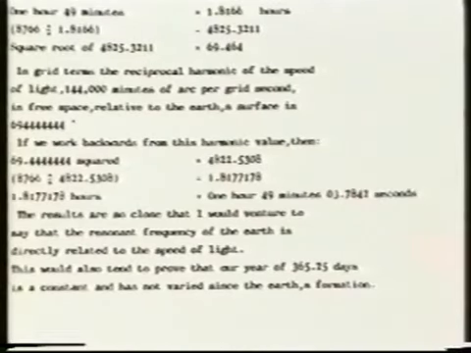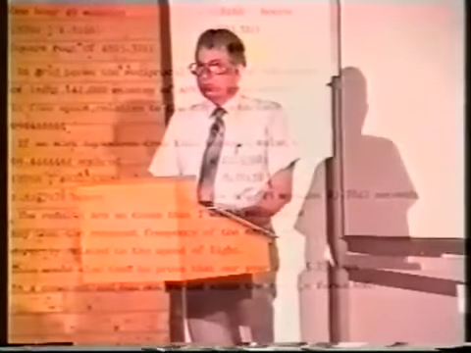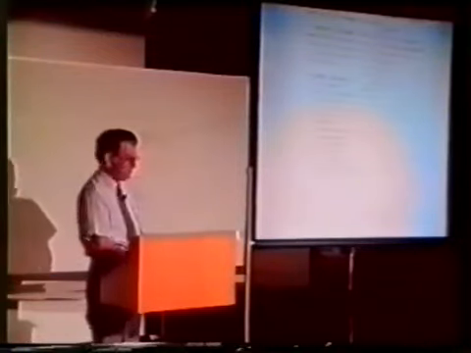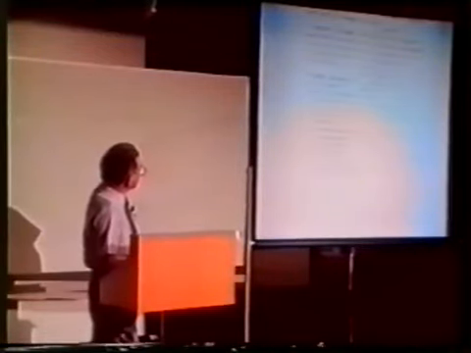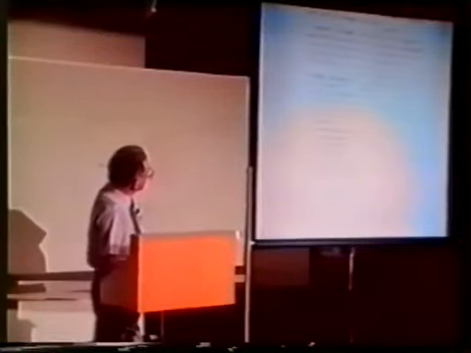There've been books written and arguments for years and years that we used to have 360 days, and then we collided with an asteroid or something and got slowed up, and the Earth now has 365 days, or an extra 5 days plus. Well, I don't believe that now, because the calculation, according to Tesla, shows that the actual spin of the Earth is tuned to the harmonic reciprocal of light. That's the generator.